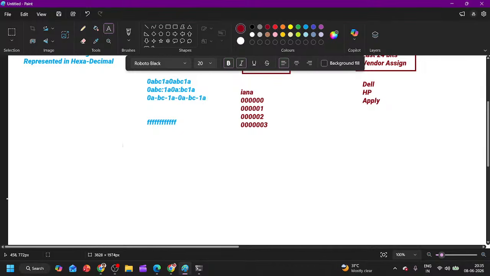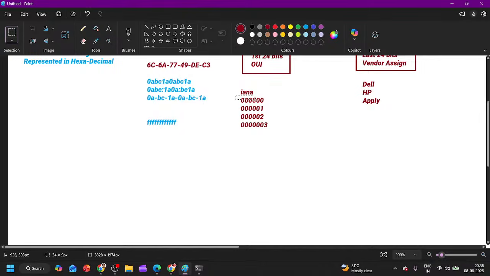So Dell, for example, what does Dell need first? An OUI. From where will Dell get the OUI? From IANA. IANA is going to give, let's say, this OUI to Dell. So now Dell has one OUI and HP also has one OUI. Similarly, Apple will also have one OUI. Now tell me, with the help of one OUI, how many NICs or MAC addresses can Dell design?